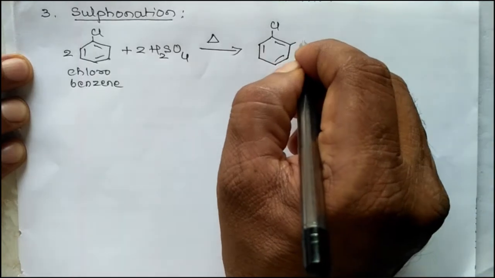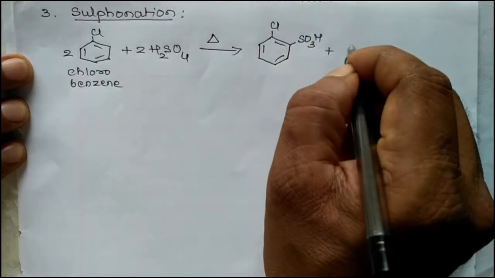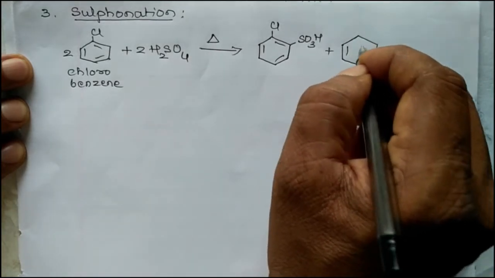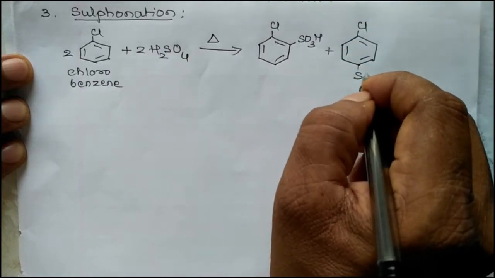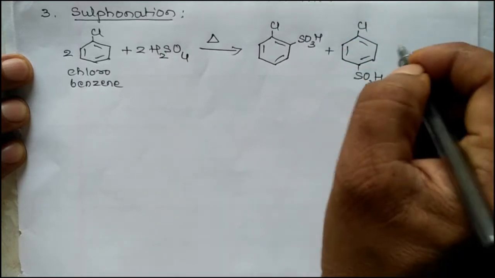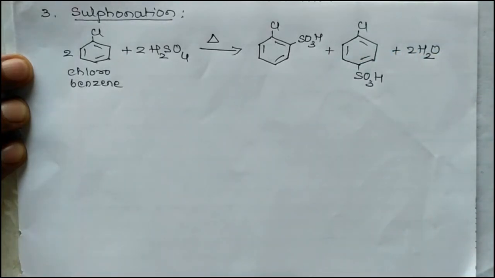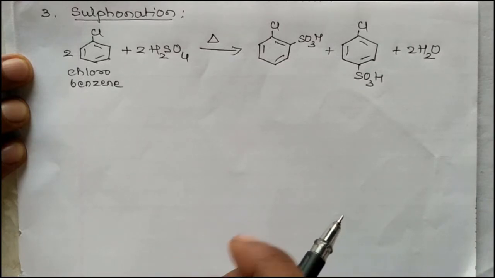Here SO3H, this is the ortho substituted product, and this is the para substituted product, plus H2O. We are going to get a mixture of ortho and para chlorobenzene sulfonic acid.